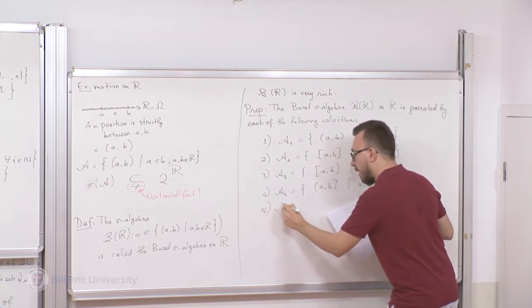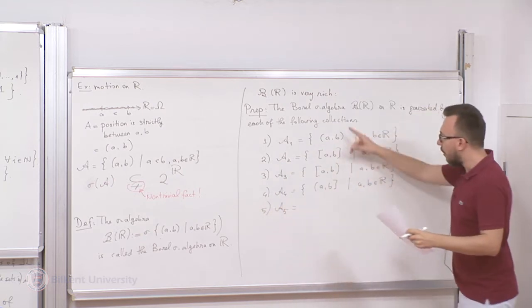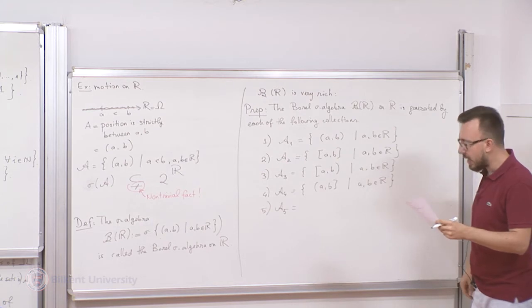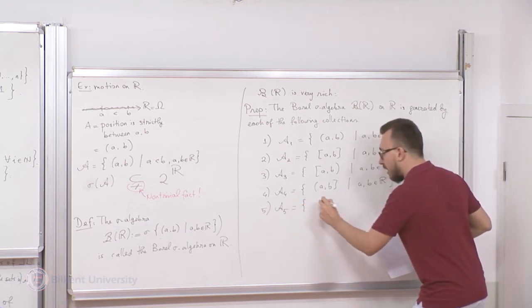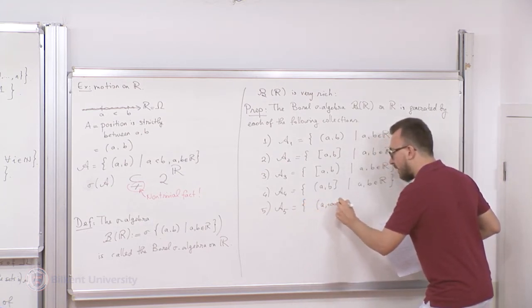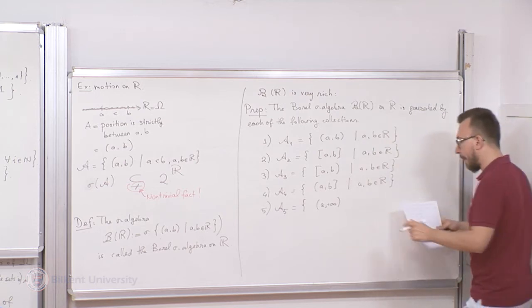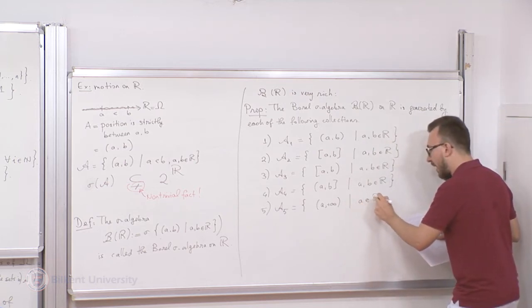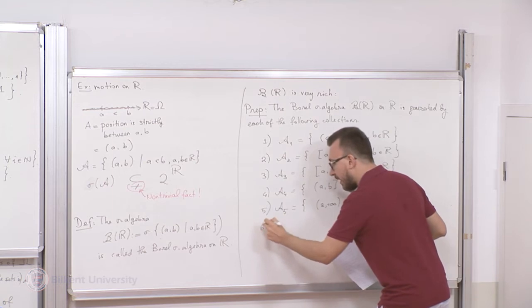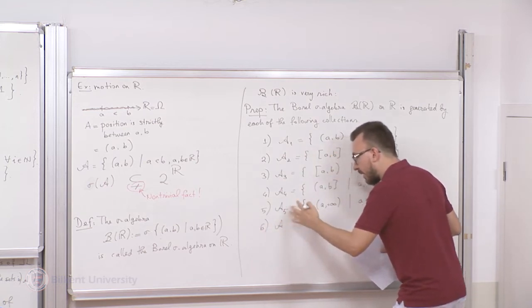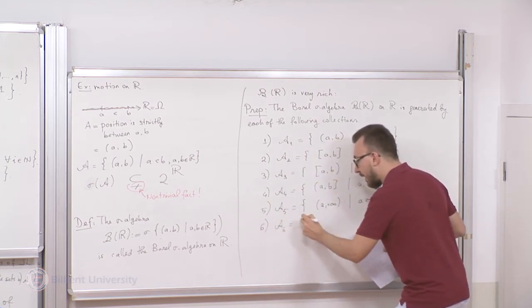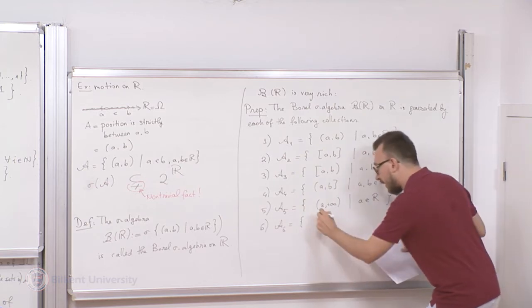So now what else? We covered all 4 cases, but now there are open-ended intervals like this. So now we have A up to infinity. These are also collections that generate the Borel sigma algebra. The closed version.